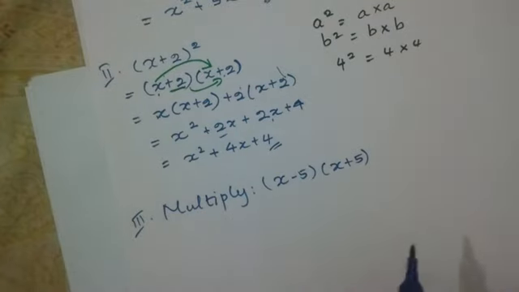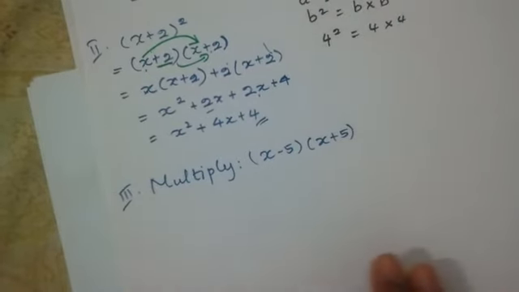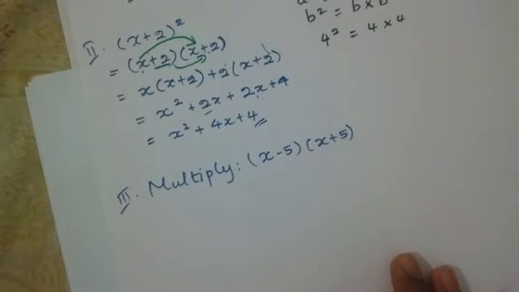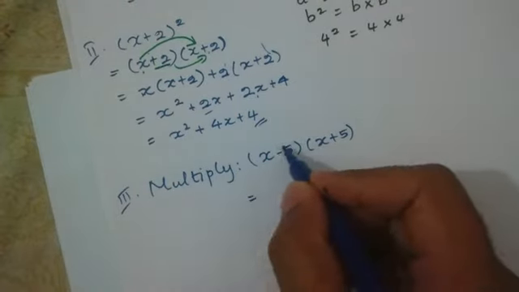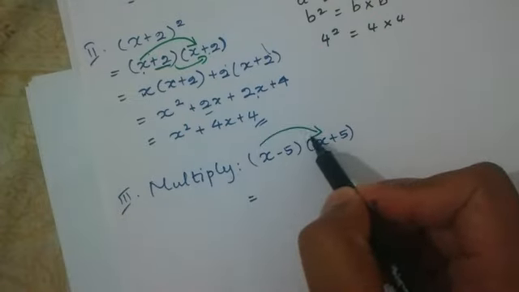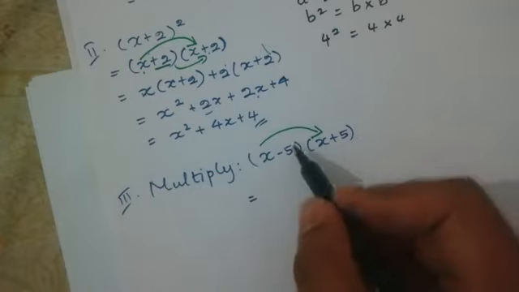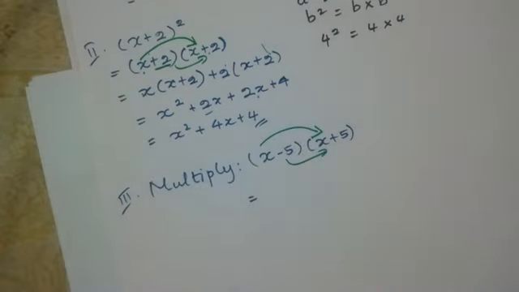They give you a sum like this. Don't freak out, it's really simple, just like multiplying any other thing, nothing special. You multiply x times x plus 5, then minus 5 times x plus 5.